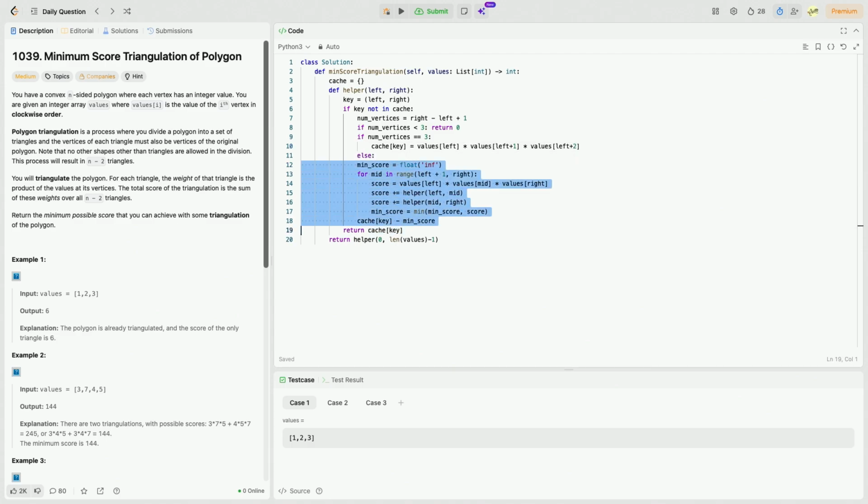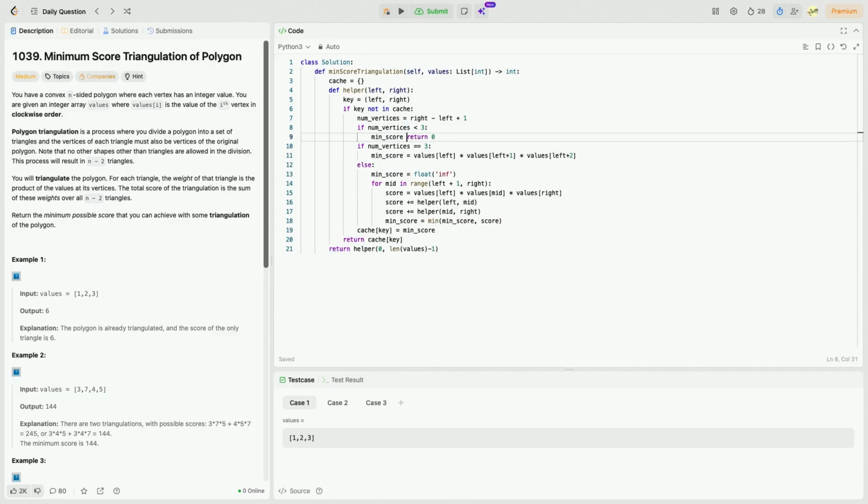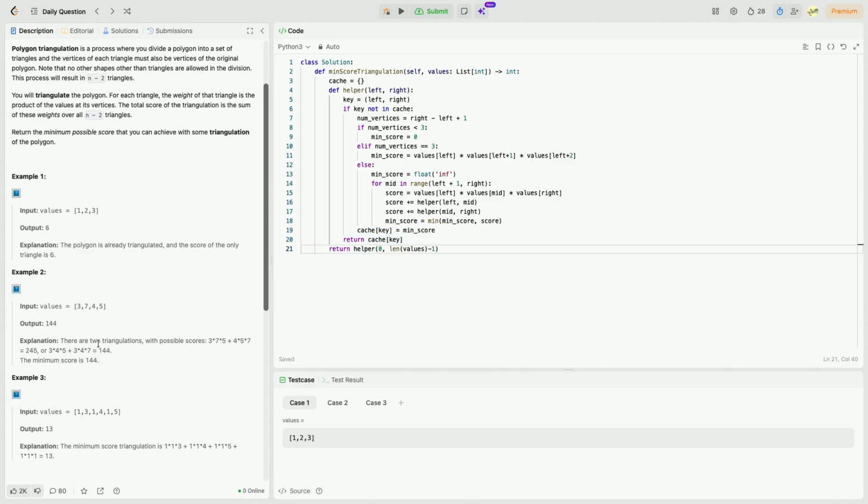We put all of that into an if else, so our min score would be that, and otherwise equals this. Yeah, so now it's cleaner. So the min score gets computed, then we put it into our cache, and we return the value 6. Okay, so this example works.